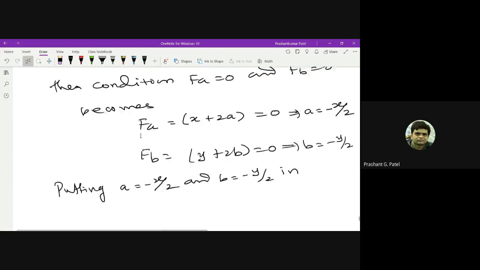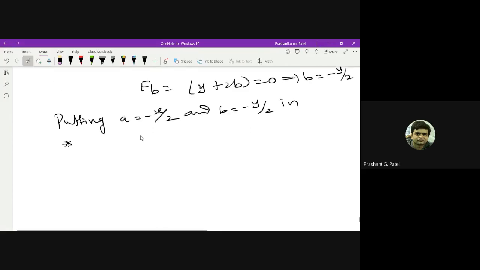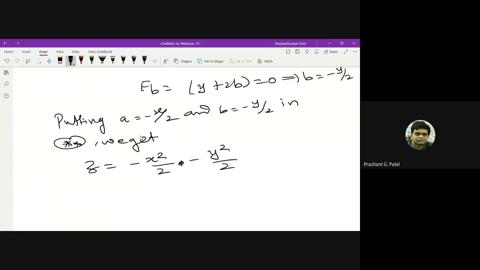In double star, we get z is equal to, it was a into x, so it is minus x²/2 minus y²/2 plus x²/4 plus y²/4, because it is x/2, so a² plus b² gives x²/4 y²/4.